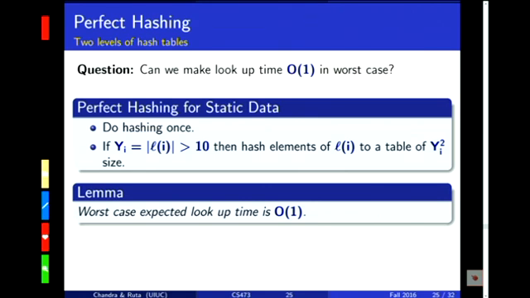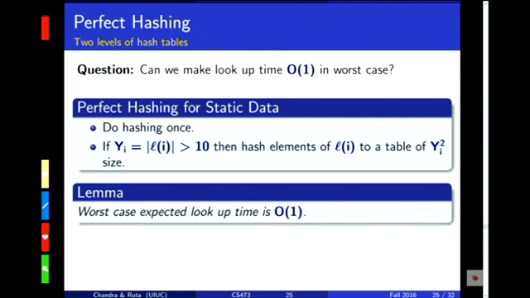Go to that location, it will be either pointing to the start of the linked list or giving you another hash function. Then you compute another hash on the same key and go to the second level hash table.